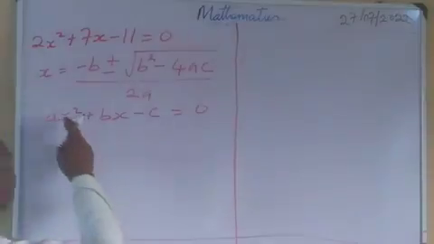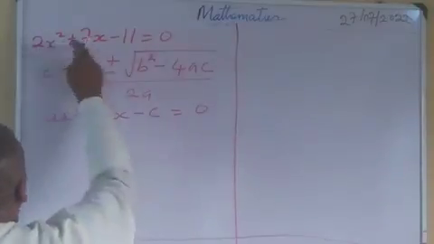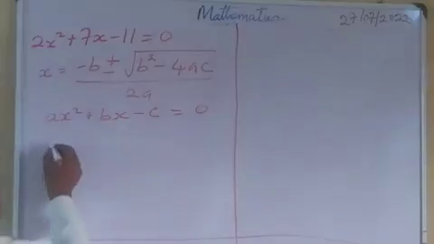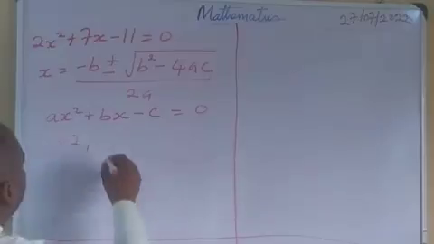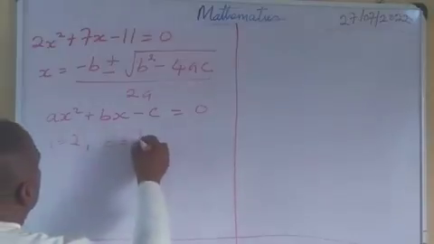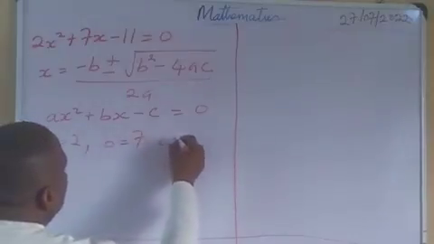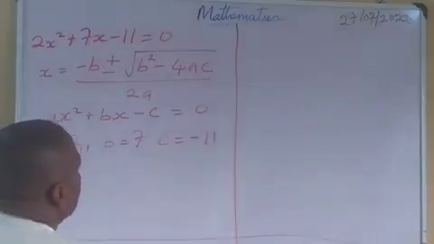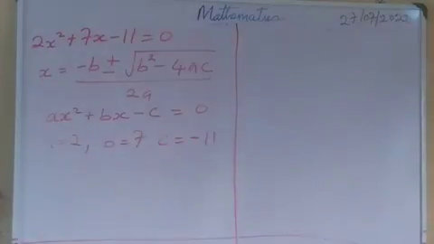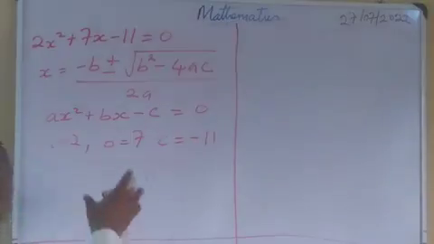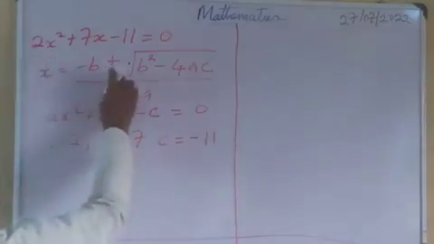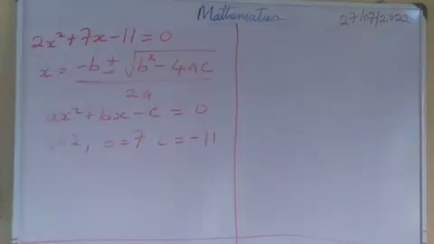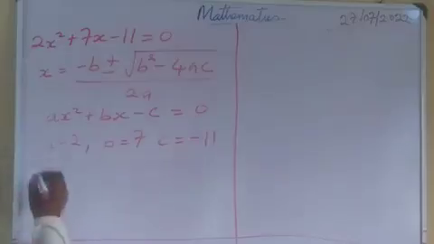Comparing this quadratic equation with this one, you will find out that a is 2, b is 7, while c is minus 11. So looking at it now, all you need is to input all these values into this formula and you get the answer. So let's do it.